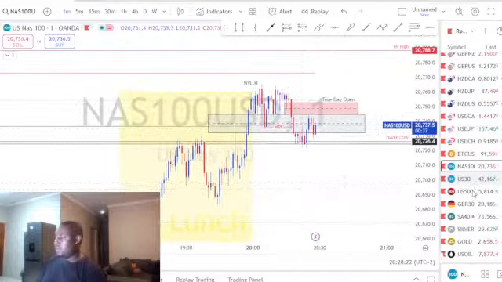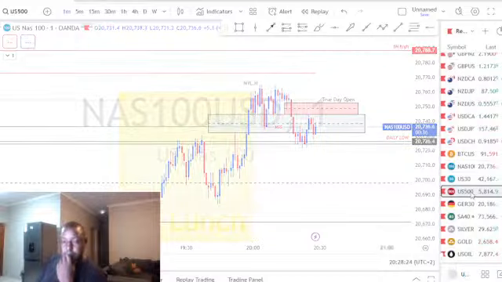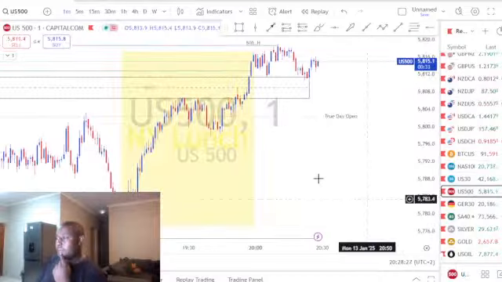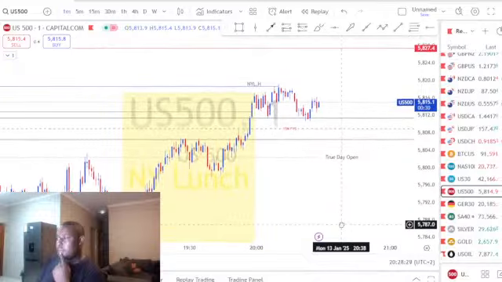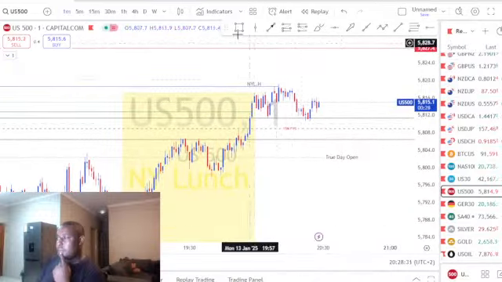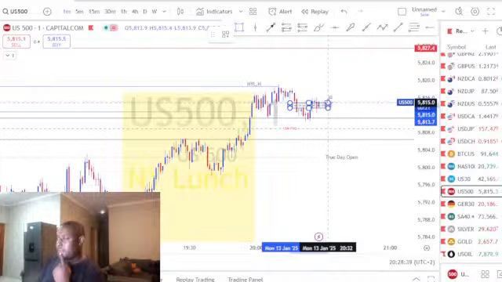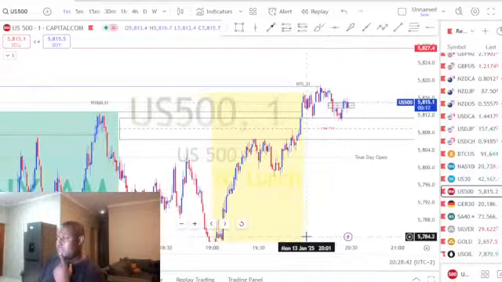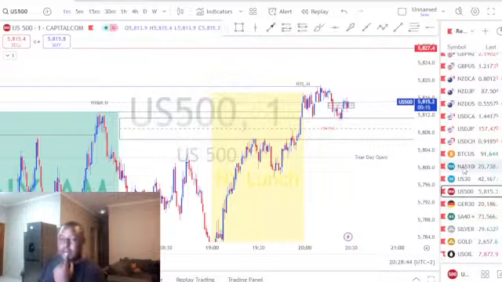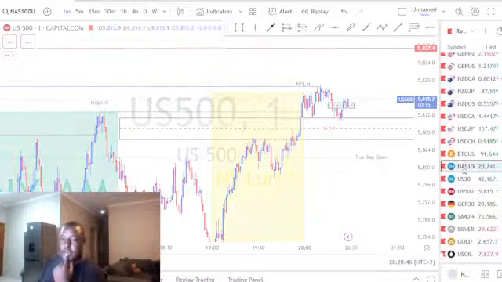That is not what I'm looking for. Look at the reaction also on S&P 500 at that fair value gap. For me, there's no SMT, so I don't think I'll look into entering it. Yeah, US 100.